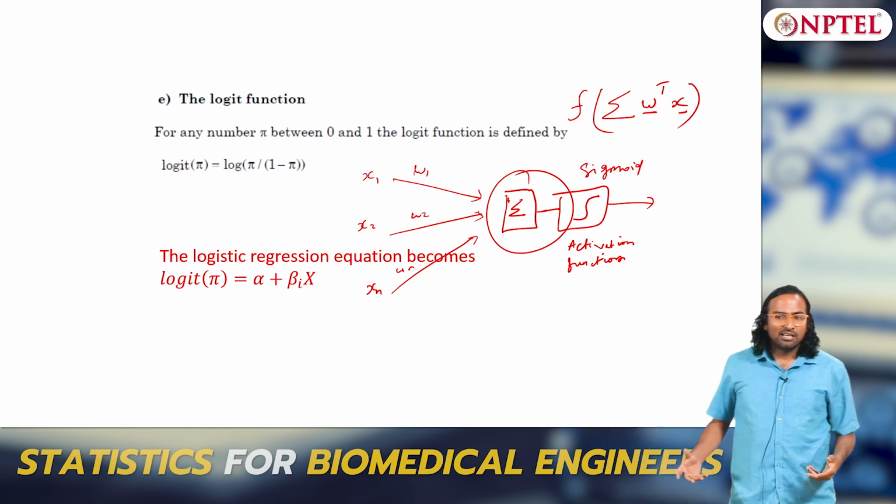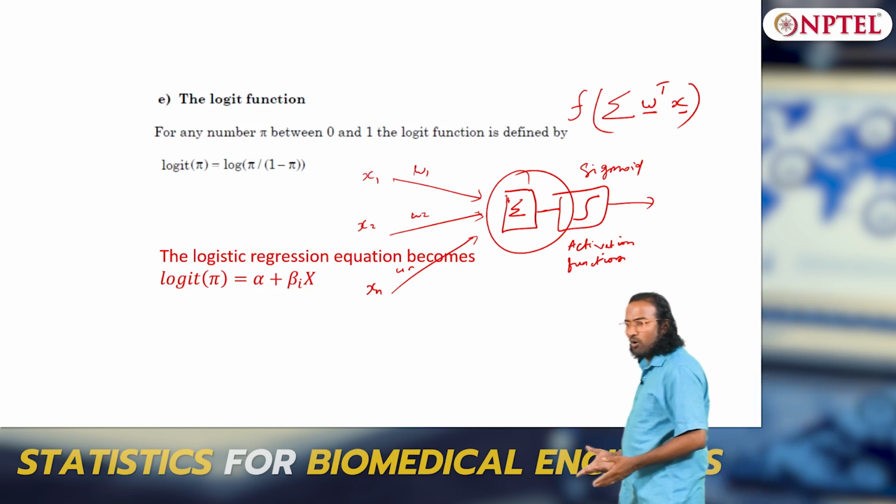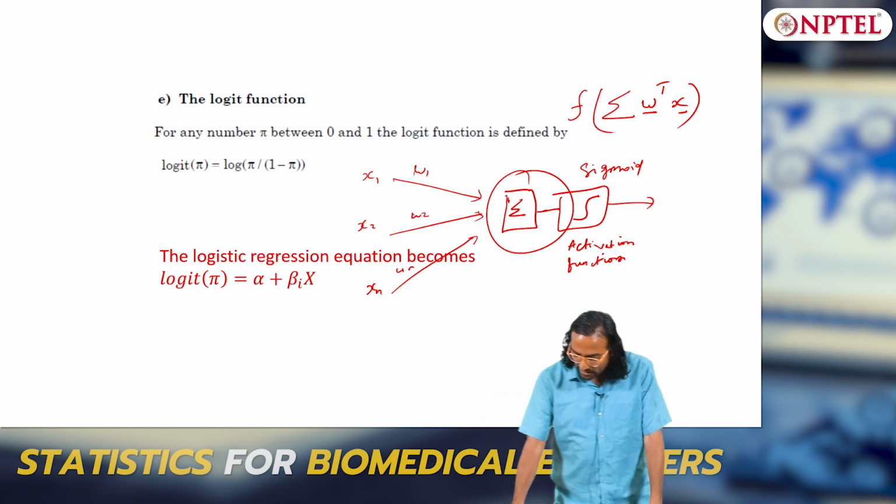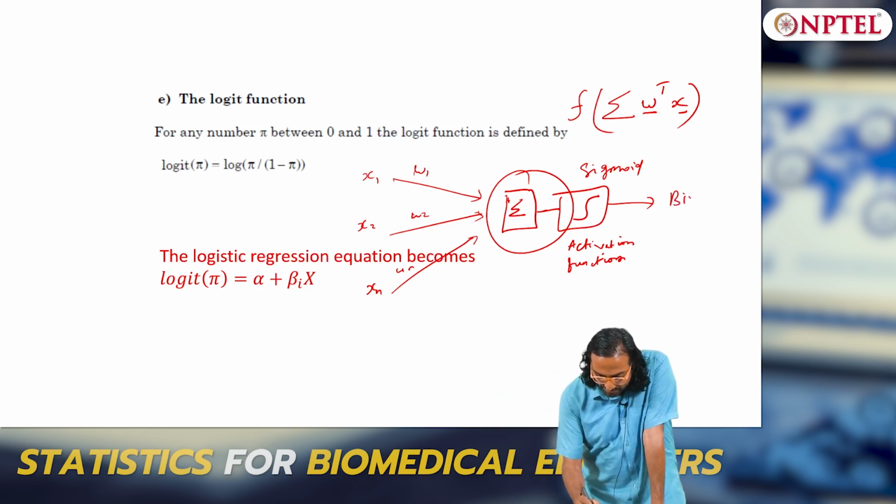Now look at this, this is exactly your logistic regression. Your output is typically binary, 0 or 1.